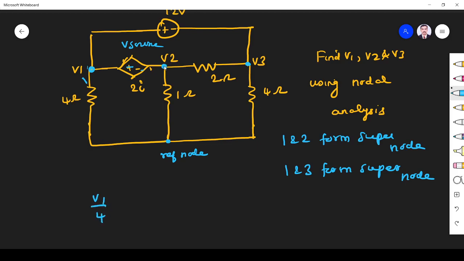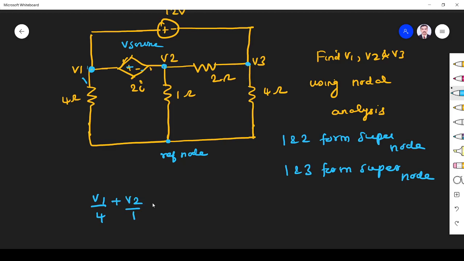Next we go to V2. V2 is also part of a supernode. But here you see V1 and V2 form a supernode branch, but V2 by 1 is not forming a supernode branch. So I can write V2 by 1. Next I go to V3. V3 and V1 form a supernode branch, but this is not forming a supernode branch.